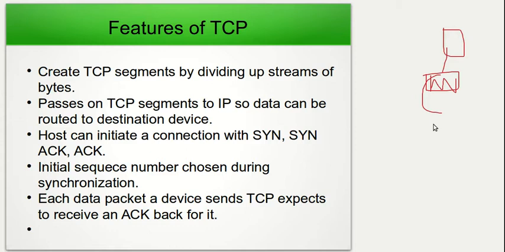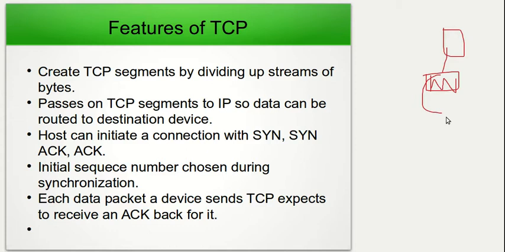Then it's up to TCP to format that data in a way that the network layer can understand, and so a way that the network layer can then route that packet and add information to that packet. So in essence, TCP is preparing that data for the lower layers of the OSI model.